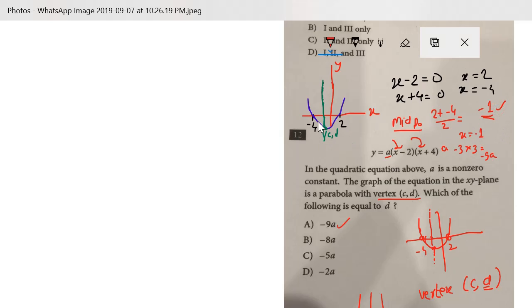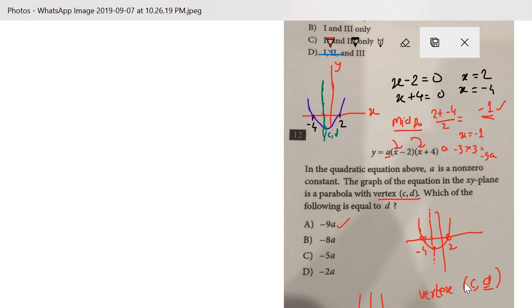So I found that the x coordinate of the vertex, which is also on the axis of symmetry, is minus 1. This line actually passes through minus 1 as far as the x coordinate is concerned.